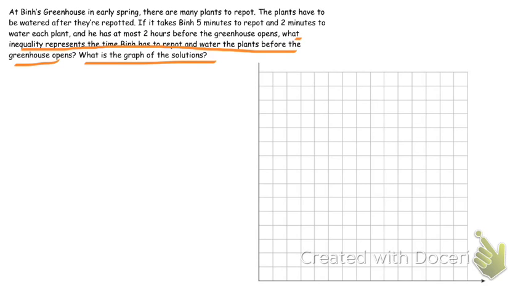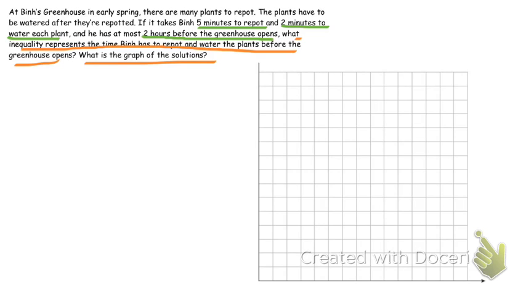So, we need to make sure we write this correctly. It's going to take him 5 minutes to repot and 2 minutes to water each plant, and he has at most 2 hours to do this. We don't know how many plants he has, but we do know what 2 actions he needs to do.